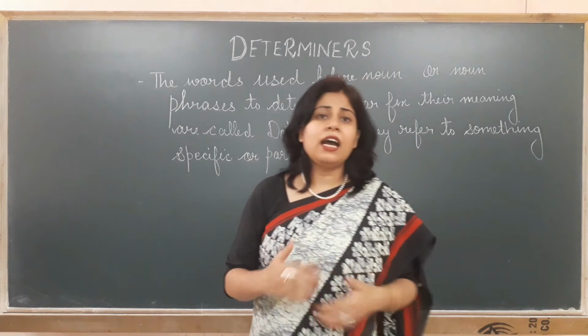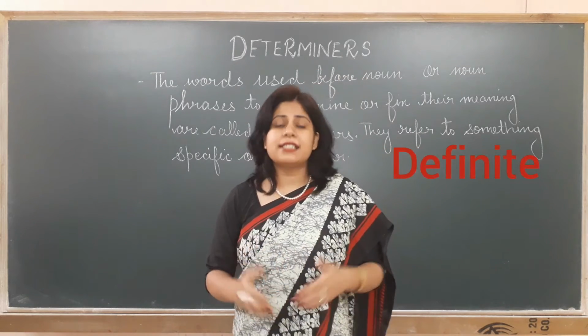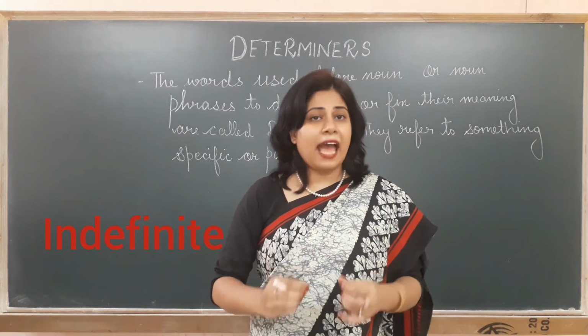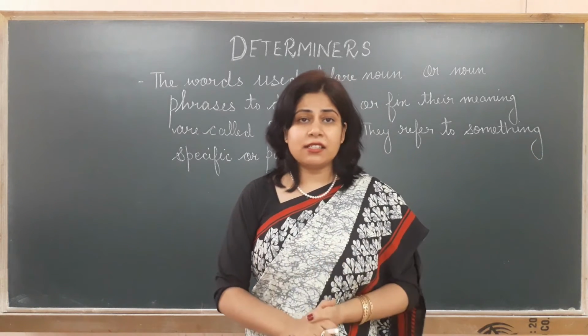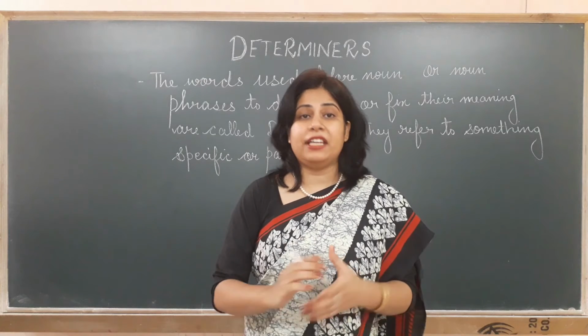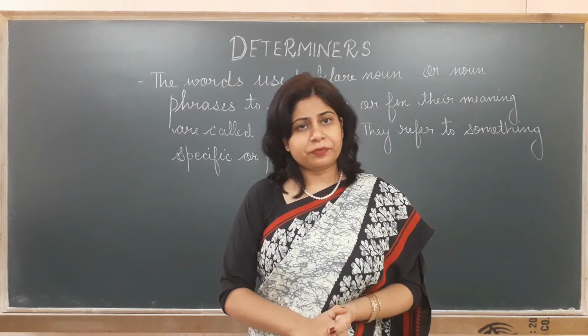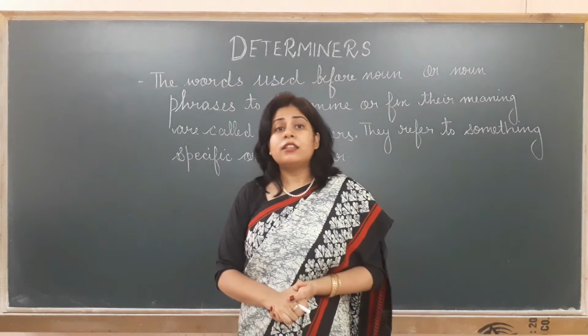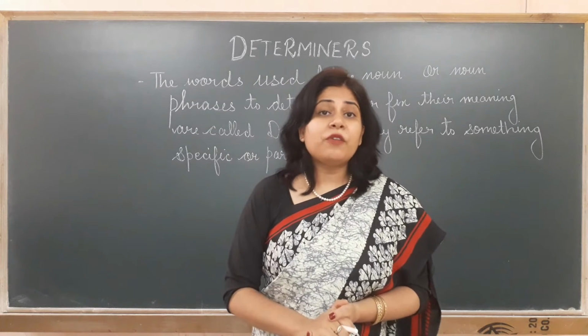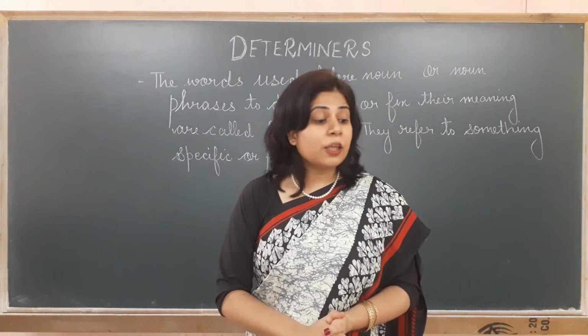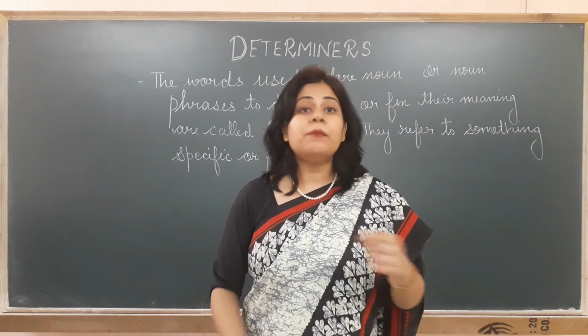Articles are categorized as definite and indefinite articles. A and an are called indefinite articles and the is called the definite article. Why is the called a definite article? Because the is used before a noun when we want to particularize it. For example, the book which is lying on the table belongs to me.